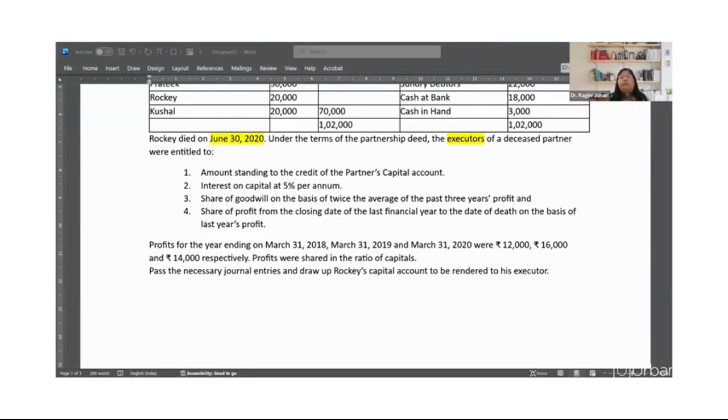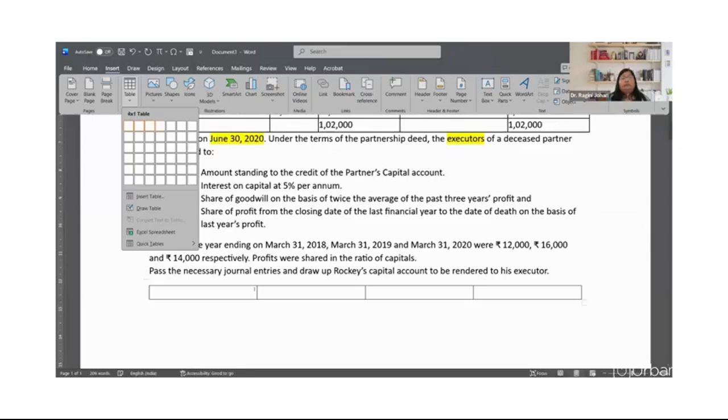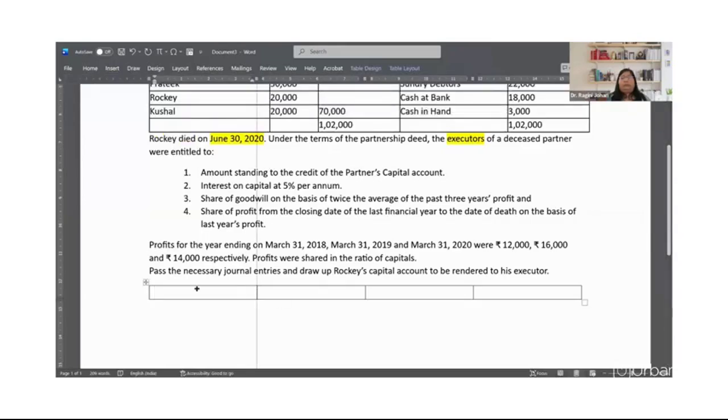The question is asking us to make the journal entries as well as the capital account. Let's start with the journal. So now we are going to pass the journal entries.